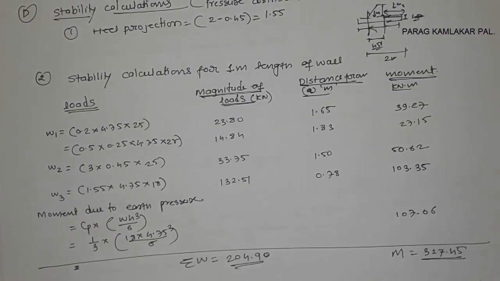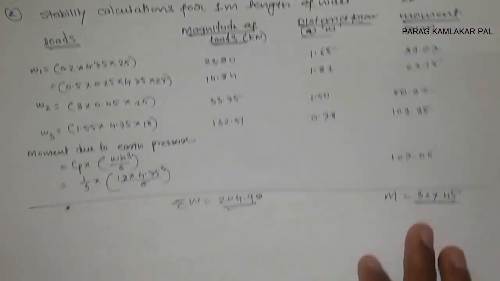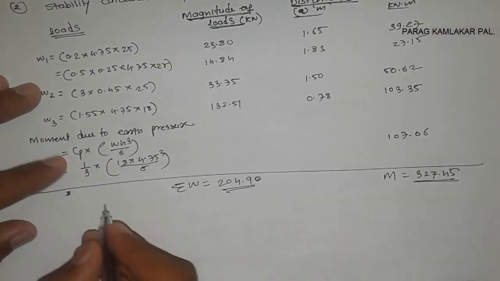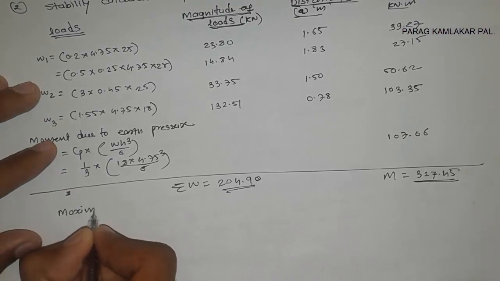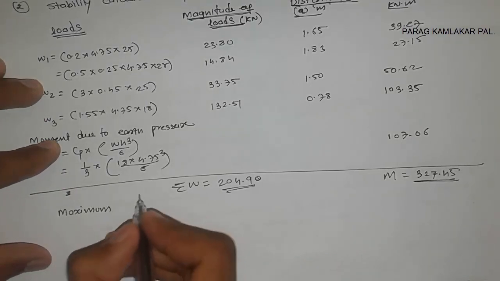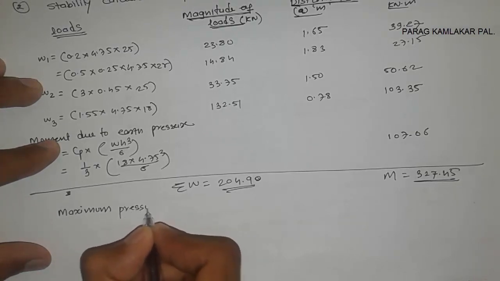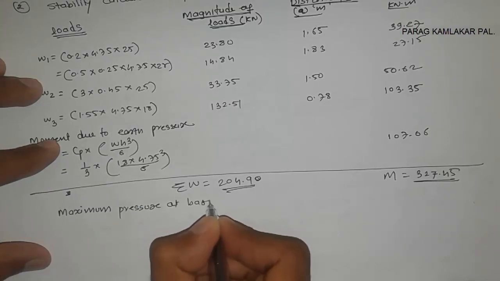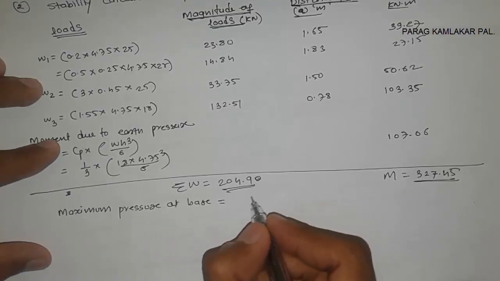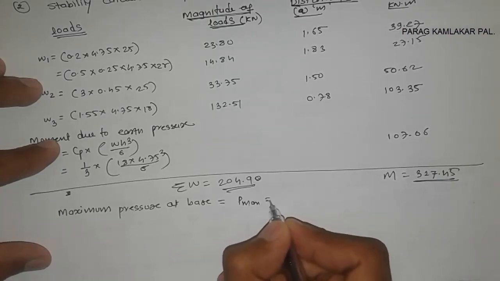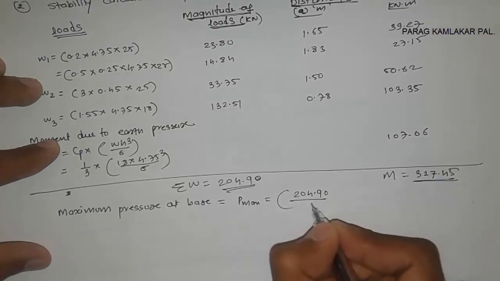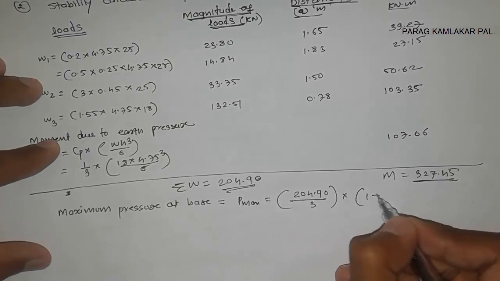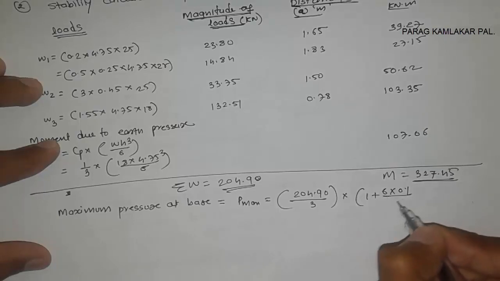Now we need to deal with the maximum and minimum pressure at the base. We calculate the maximum pressure at the base first, which is given by P max equals 204.90 by 3 multiplied by 1 plus 6 multiplied by 0.1 divided by 3.